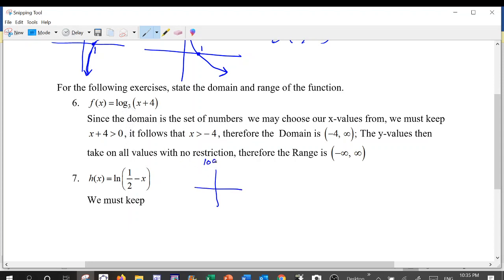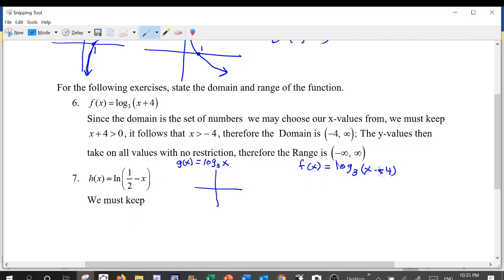So what does log base 3 of x look like? Well, let's call this function g of x, and then this f of x is the one we want to graph, which is f of x equals log base 3 of x plus 4, right?